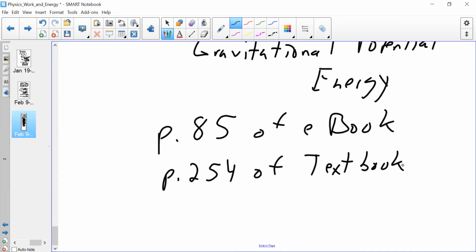And I'm looking at these practice problems, additional practice at the bottom of 254, page 85.